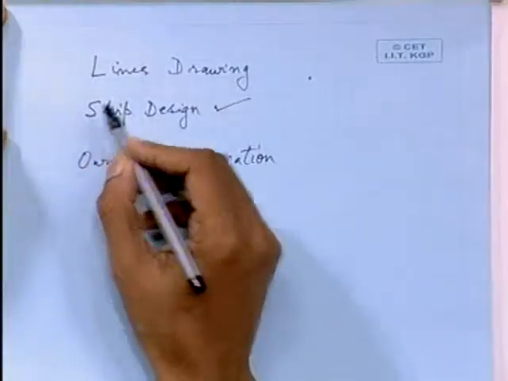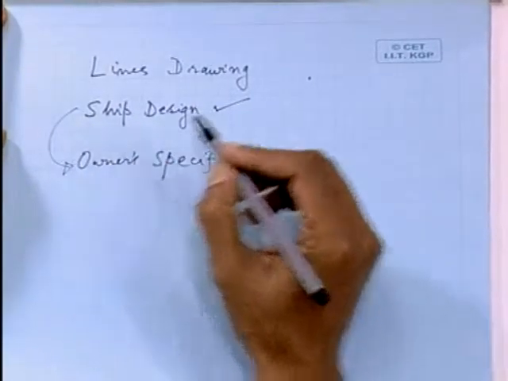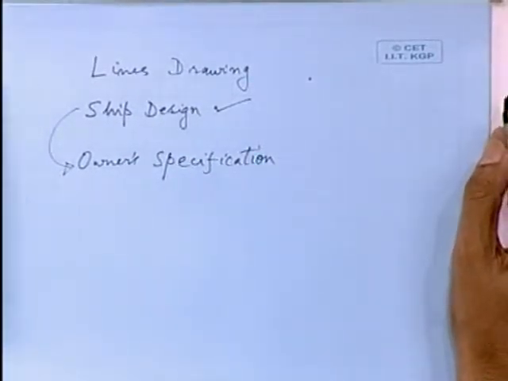So, what I want to tell you is that the lines drawing actually comes from the ship design fundamentals, and from ship design, that is the owner's specification, the naval architect draws his own design. So, that is the beginning or the essence of the lines plan drawing.